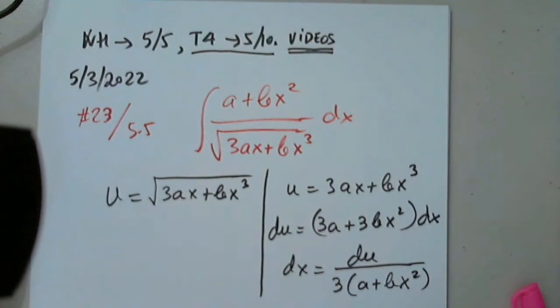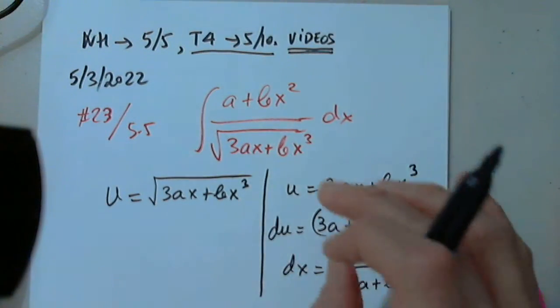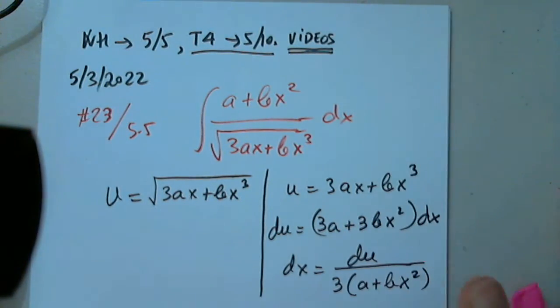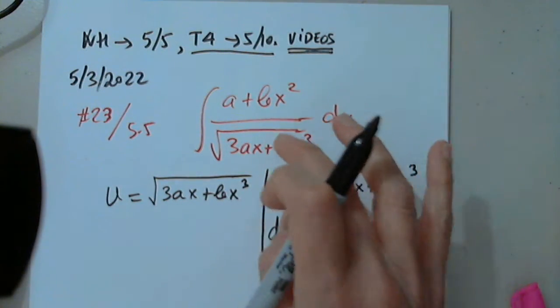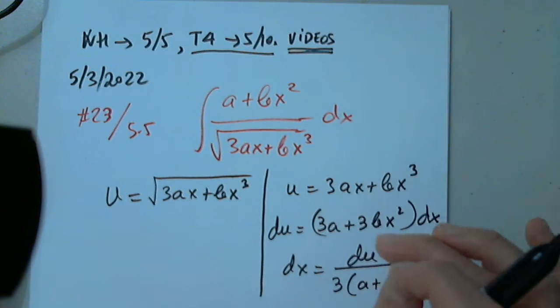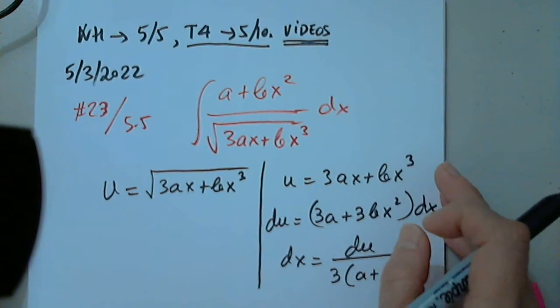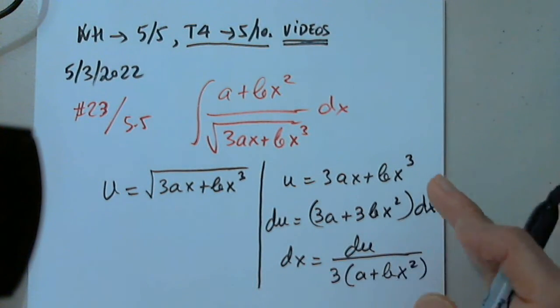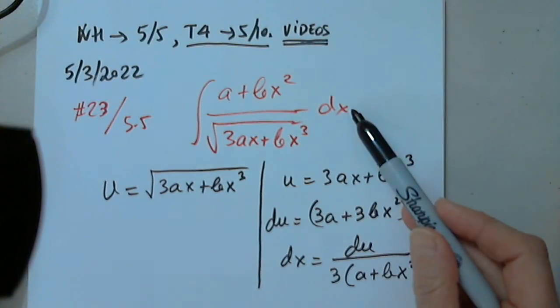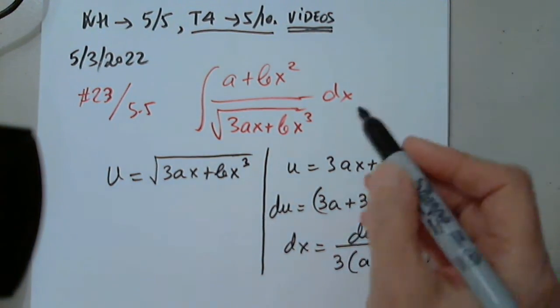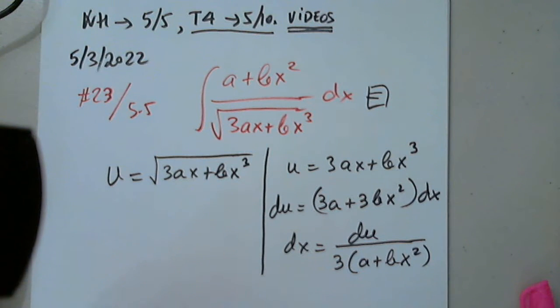That's fine. But remember, be careful because you cannot have x and u in the same integral. That's why I'm trying to avoid this situation. If you have x and u in the same integral, I can't give credit for it. So be careful with that, please. So dx, so I'm coming back here.